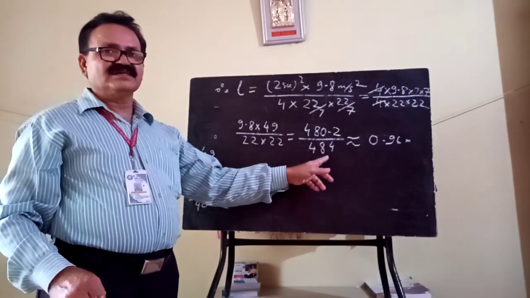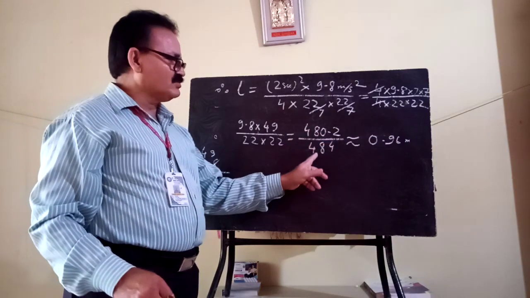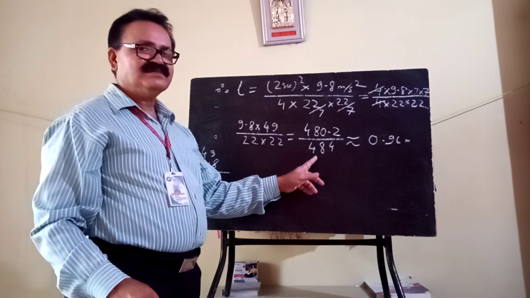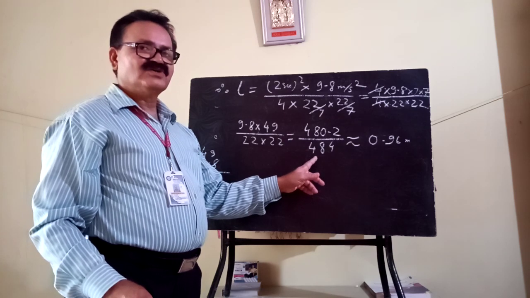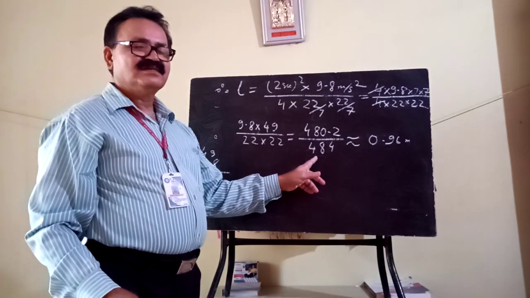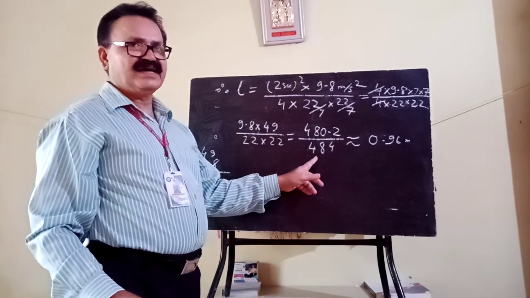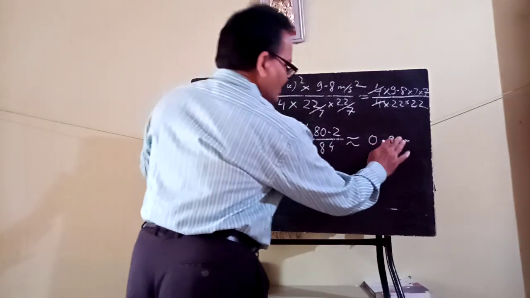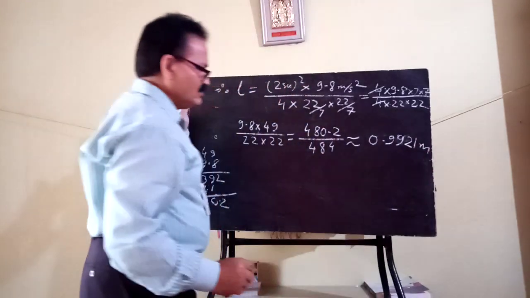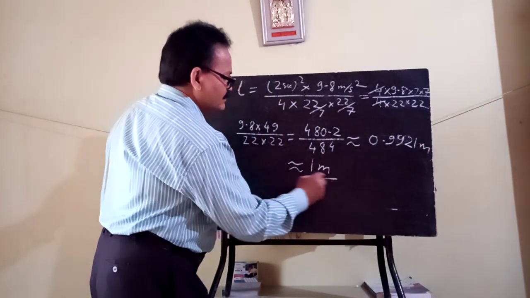You can do it on your copy. What will be the answer? 0.9921 meter. Okay. So that means this is approximately 1 meter.